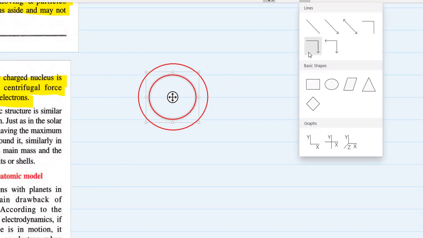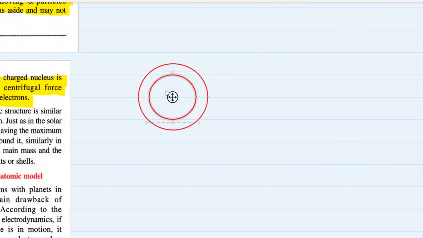Let me draw one more small circle which represents, oops, so we already got that. Okay, so just imagine that this is your nucleus, and all the electrons are revolving around this nucleus in these imaginary circular paths. Correct?